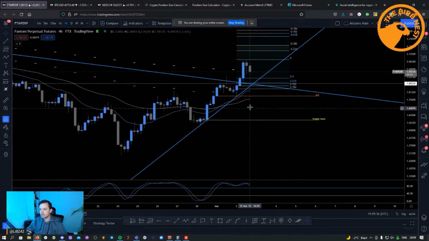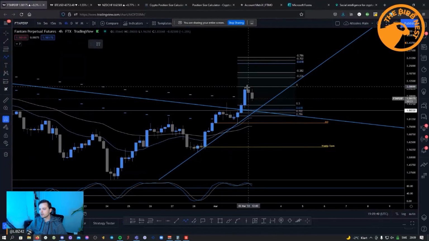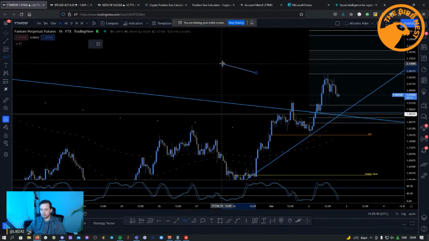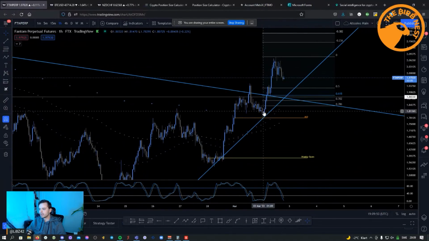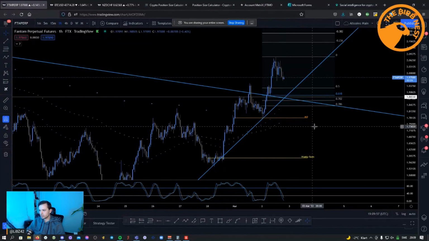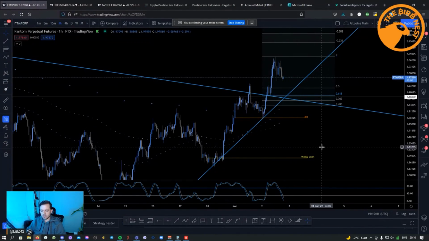And that ascending trend line right here fits perfectly as well. So what we're looking at is some type of retrace back down to the $1.88 area, where right below here we also have the daily 20 EMA and the 4-hour 20 EMA right below the reload zone. So there might be a chance that we'll see a wick down to this area.